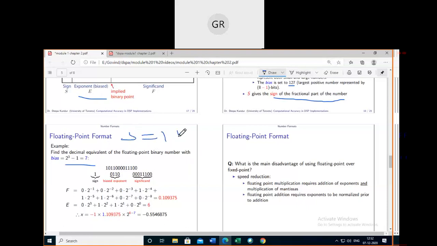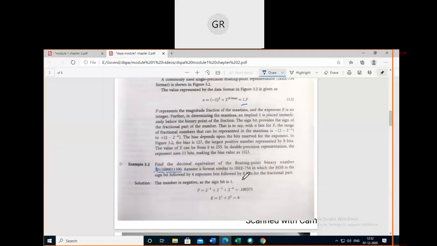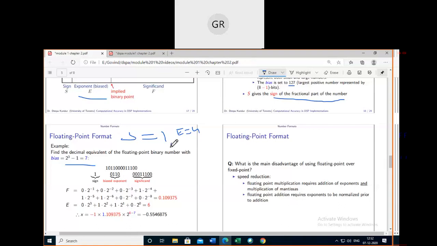For the exponent, 4 bits. For the significand, the remaining bits. The problem says 4 bits for the exponent and 8 bits for the fractional part. That means f is 8 bits, 1 bit for sign, 4 bits for E, and the remaining bits for the significand.